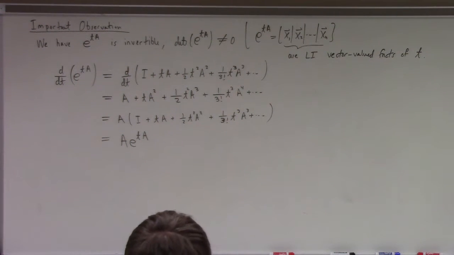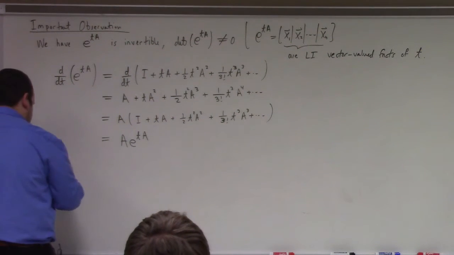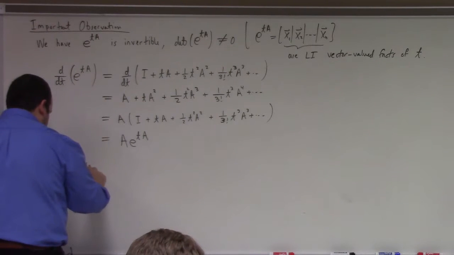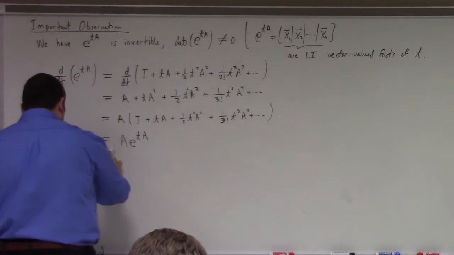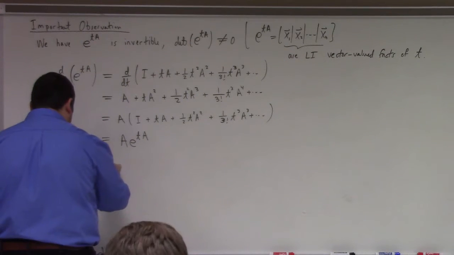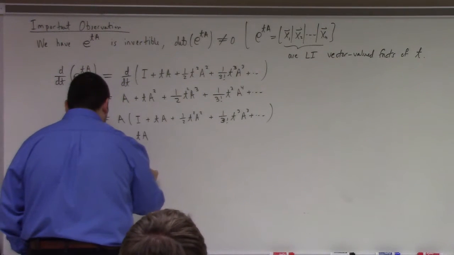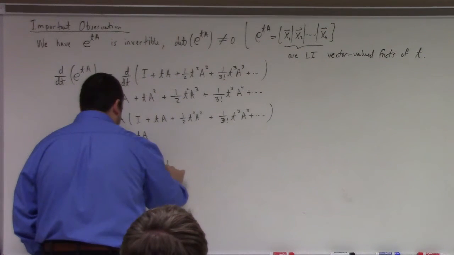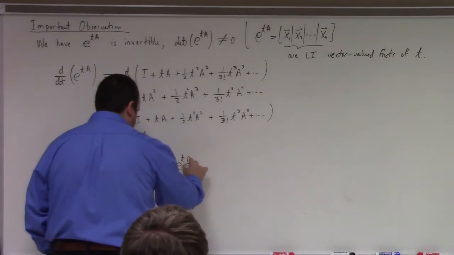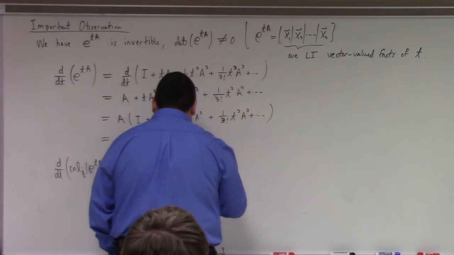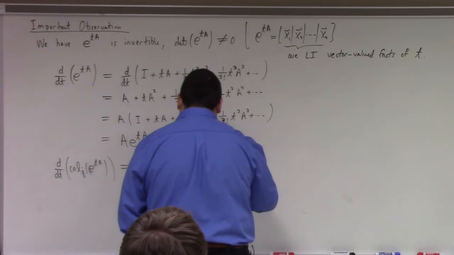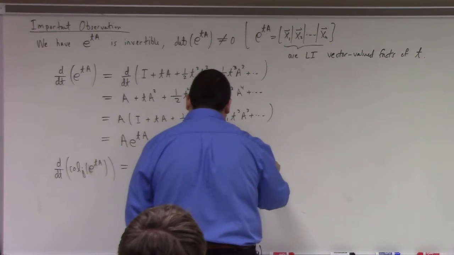What does that mean? This means, by the way, that the derivative with respect to t of the jth column of e to the ta is equal to the jth column of a e to the ta, but by linear algebra, that is equal to a times the jth column of e to the ta.